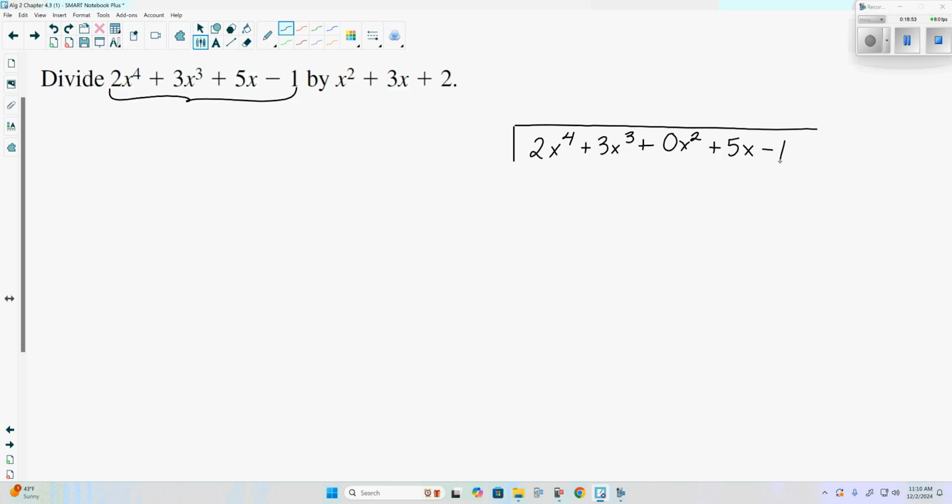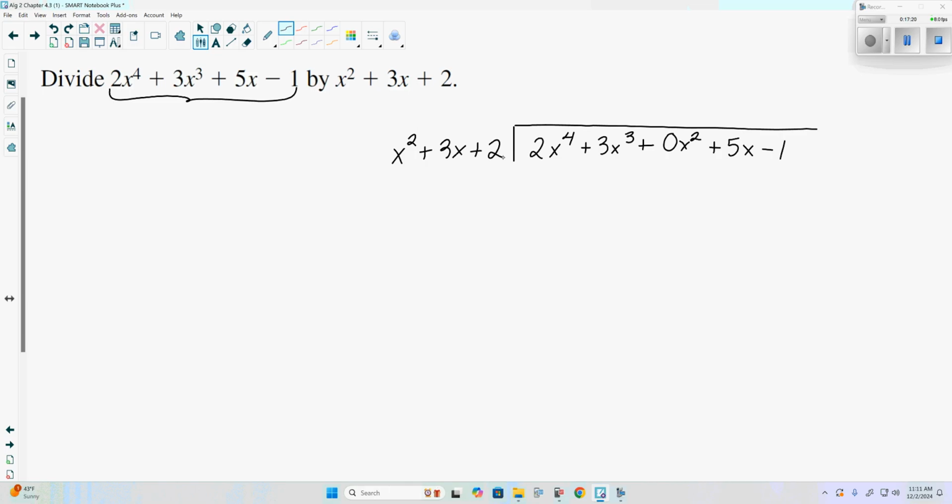And our term on the outside is x squared plus 3x plus 2. Okay. Questions on how we set this up? All right.